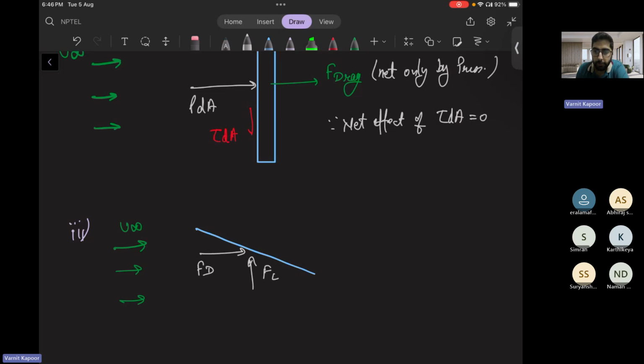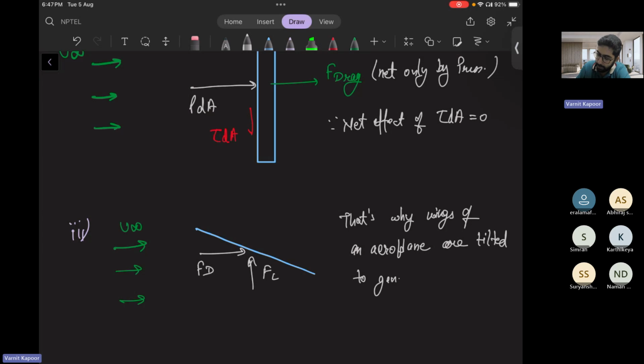That's why the wings of an aeroplane are tilted to generate lift and drag. Okay, lift and drag.